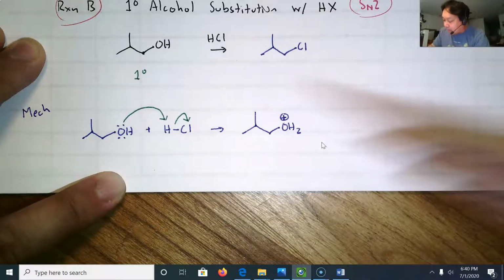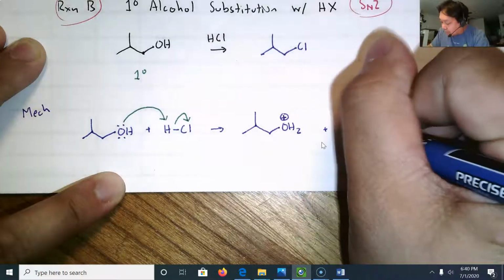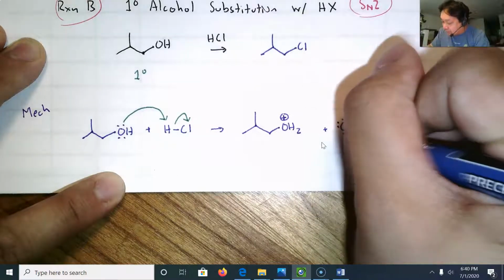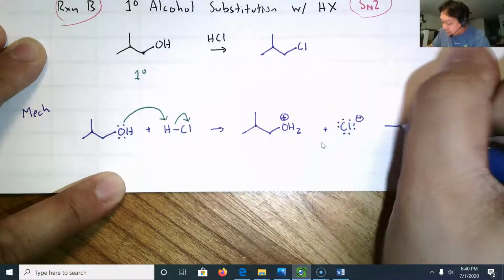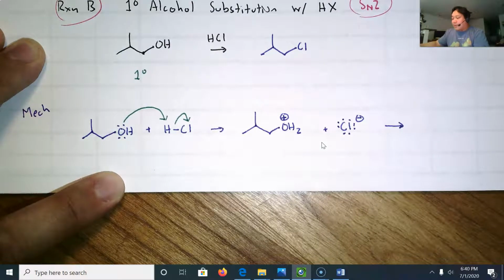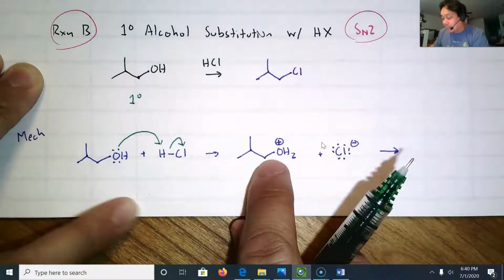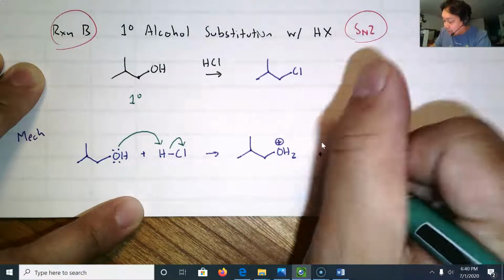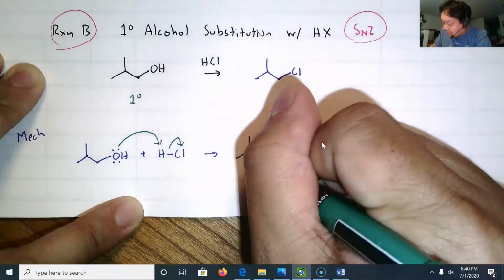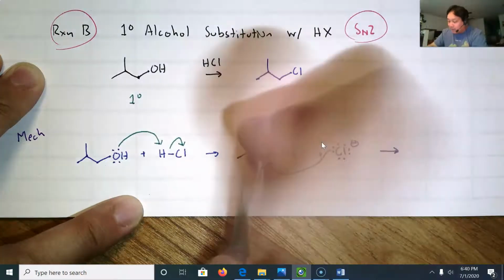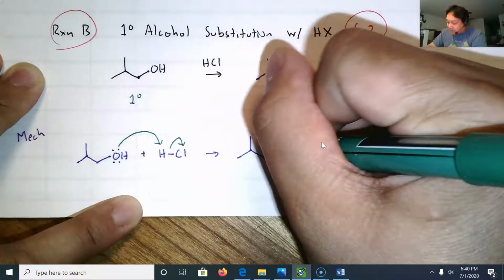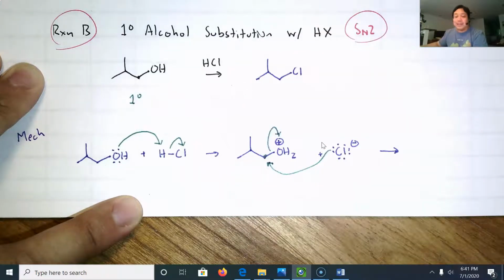And also we kicked out a chloride, and we're going to use it in the next step. Because we're not going to wait for the leaving group to leave on its own, like we did for SN1. We're not going to wait to make a carbocation. We're going to immediately attack that carbon, the one with a dot, and we'll show the leaving group being kicked out.